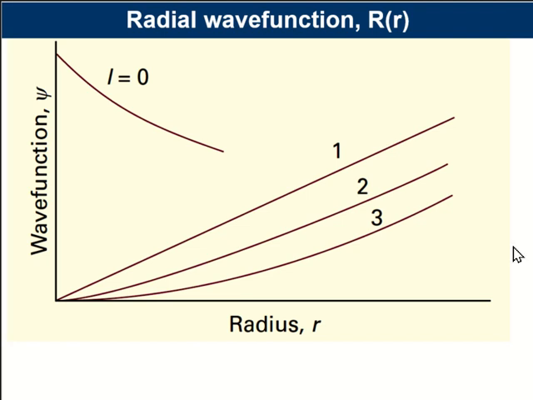That means except for the s orbital, in all the others the amplitude is 0. The electron wave amplitude is 0 here at the nucleus. But the electron wave in the s orbital has maximum amplitude at the nucleus, and the square of that gives you electron density, radial electron density.